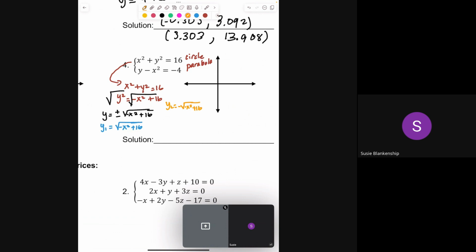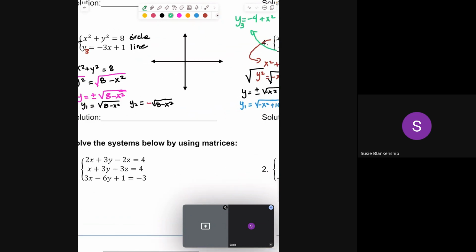And then up here is y. We got to make this set equal to y. So y equals negative 4 plus x squared, and this is y3. So let's go to our calculator, and we're going to put all of those one at a time into our calculator and then figure out how to find it.